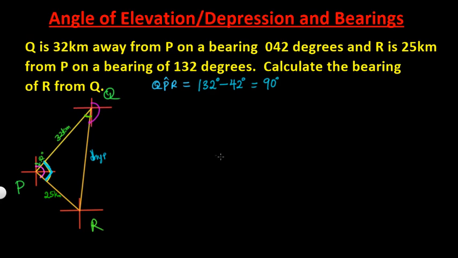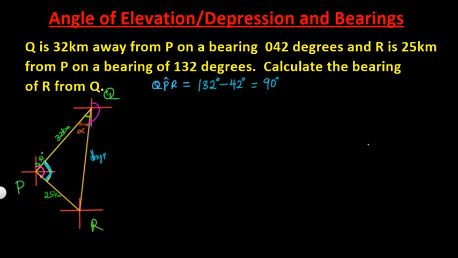So the little angle we are interested in will be obtained by subtracting this angle from 42. This angle now, let's denote it as alpha. That's angle Q.